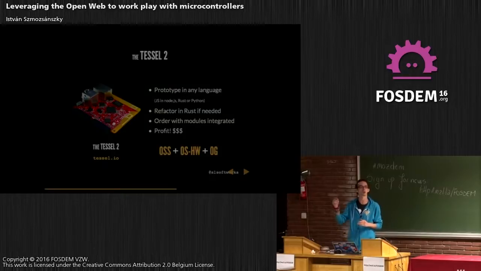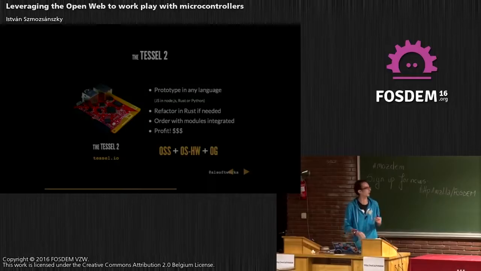The other end is that it's built on OpenWRT. And that could give you an idea, because the Tessel 2 includes a built-in Wi-Fi module, and not just a Wi-Fi module that can connect to access points, but one that can act as an access point as well. This creates a lot more interesting demo options.